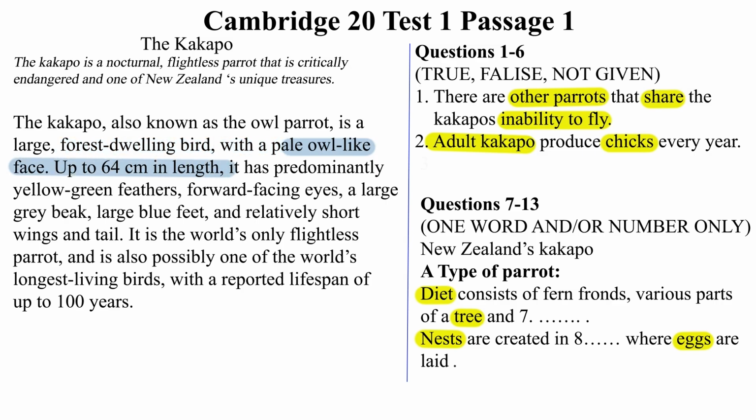Up to 64 cm in length, it has predominantly yellow-green feathers, forward-facing eyes, a large grey beak, large blue feet, and relatively short wings and tail. In these first two sentences, all the information is about the kakapo's outlook, with no information about flying and other parrots.